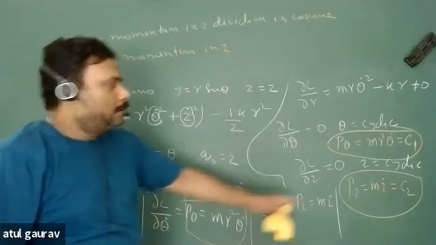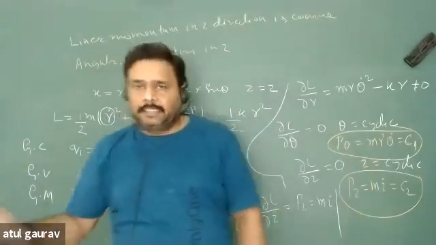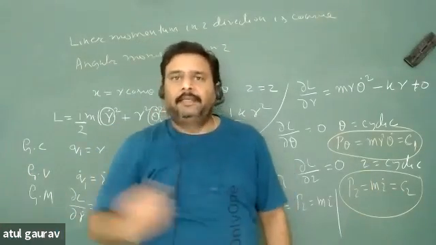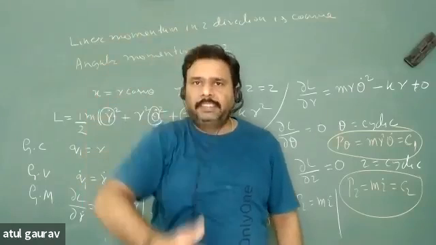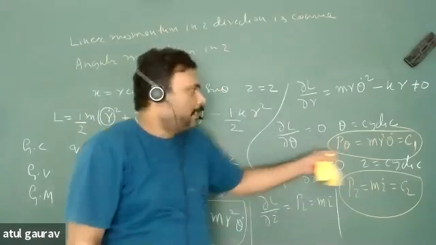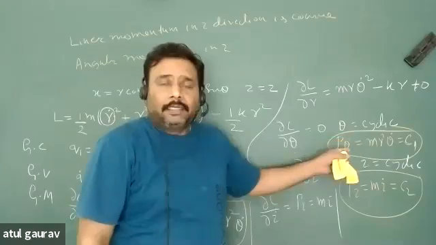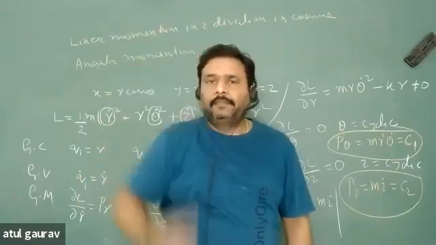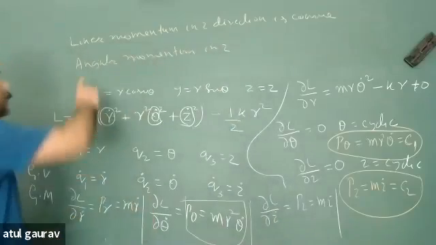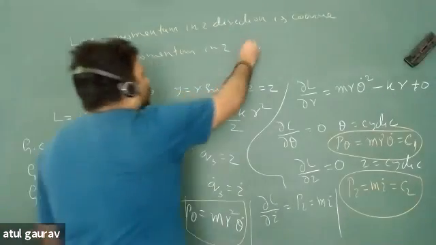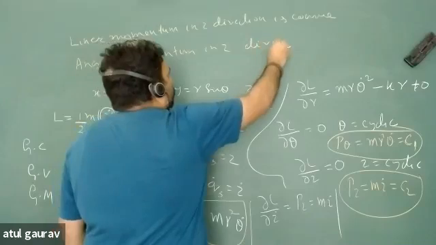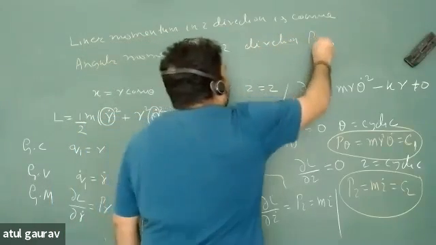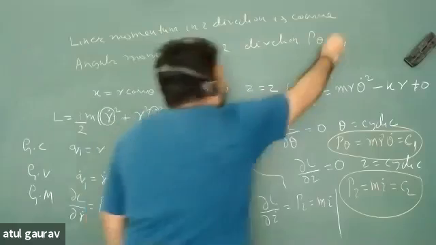What is the direction of p theta? P theta is something rotating in the xy plane, so the direction of angular momentum is in z direction. So p theta here, in a cylindrical coordinate, is in which direction? This is in z direction. So what you will see is that the angular momentum in z direction is p theta, which is also conserved.